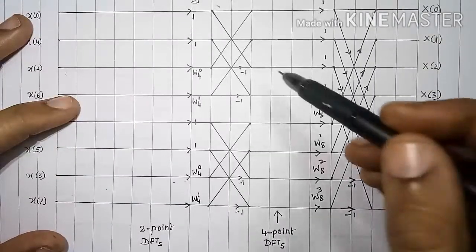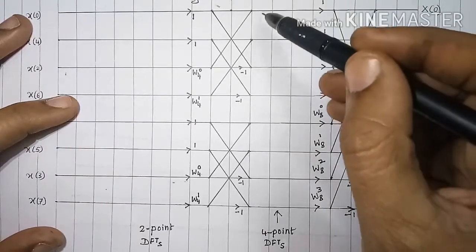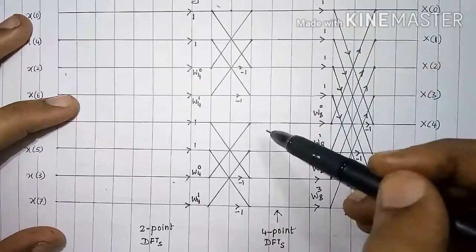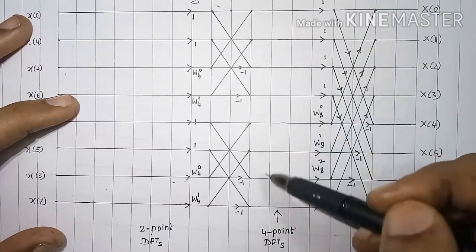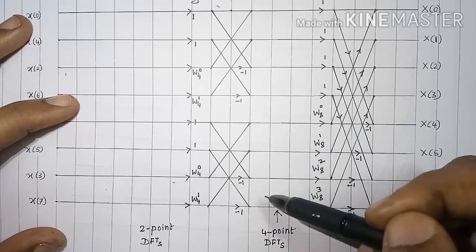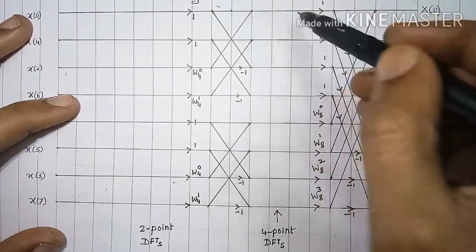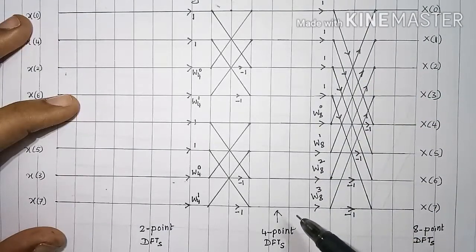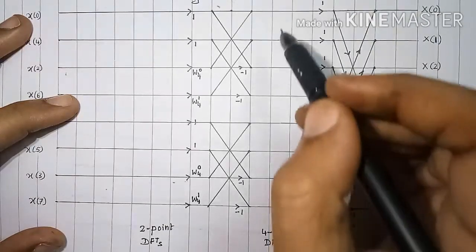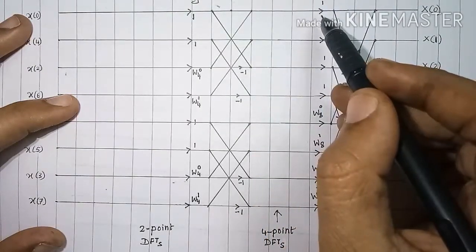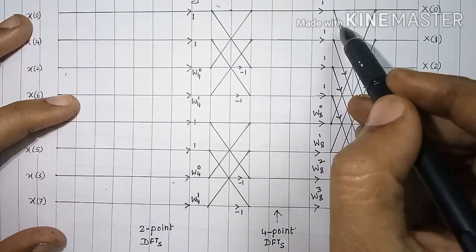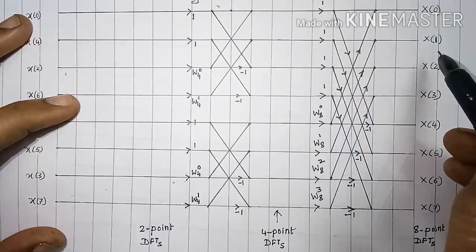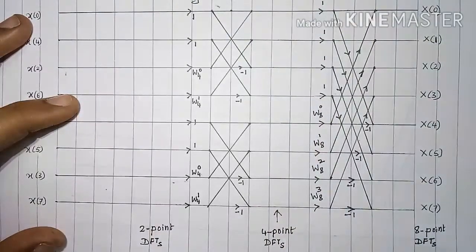Now you can see here the first butterfly diagram for 4-point DFT computation and the second butterfly diagram for 4-point DFT computation. The output lines here are carrying 4-point DFTs to the butterfly diagram used for computation of 8-point DFTs as inputs.